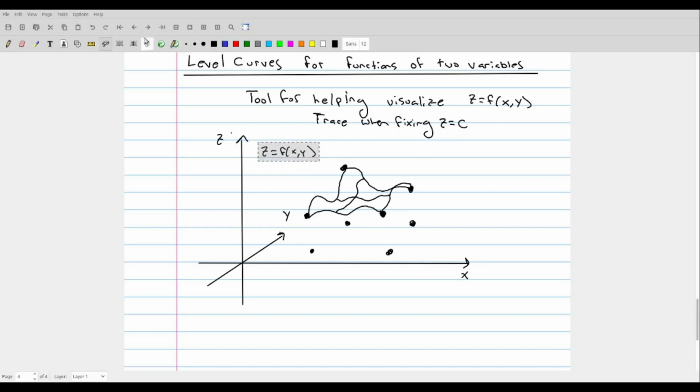Let's say maybe it has a maximum value, just so that we can get a better sense of this drawing. Say it has a maximum value at this point right here. The surface maybe comes down like this. Maybe it goes up to a maximum value and then down to the boundary right here.